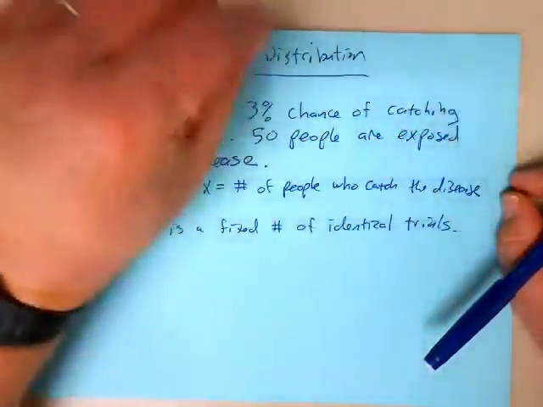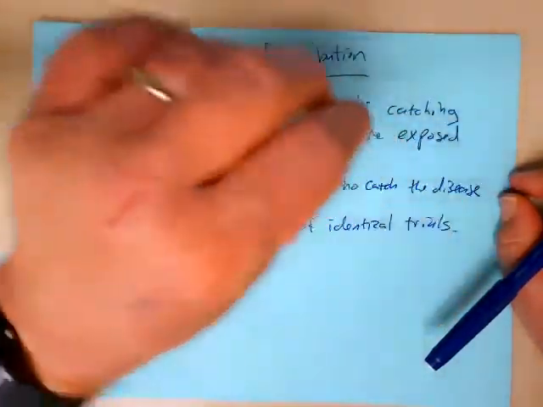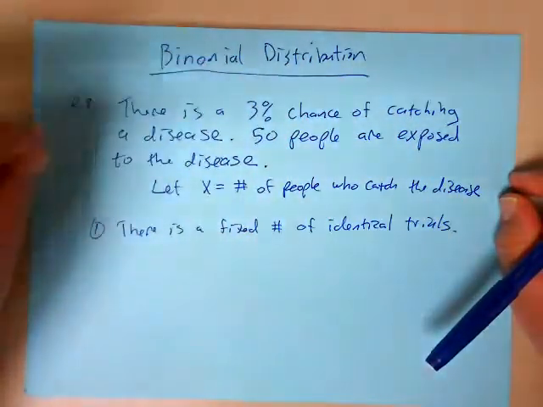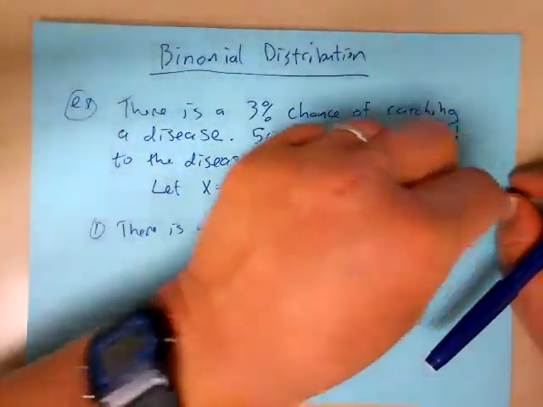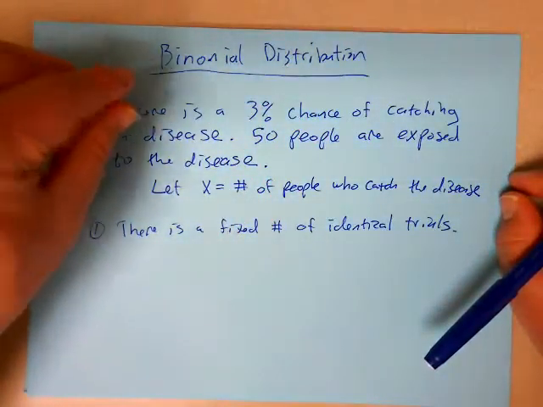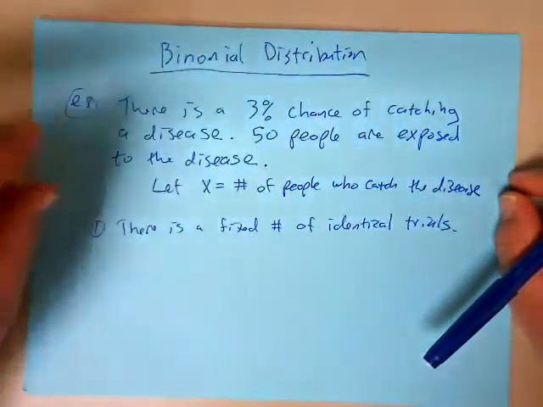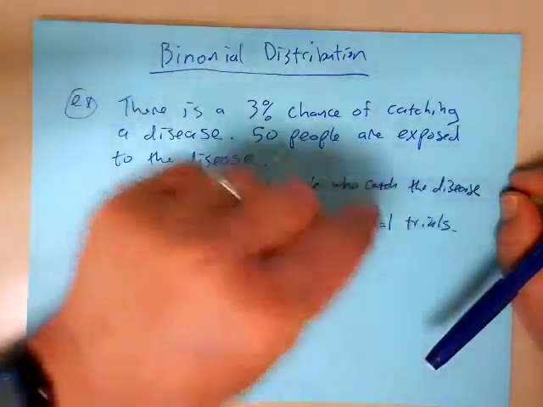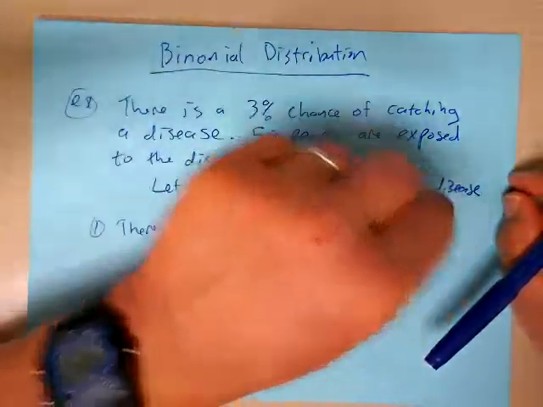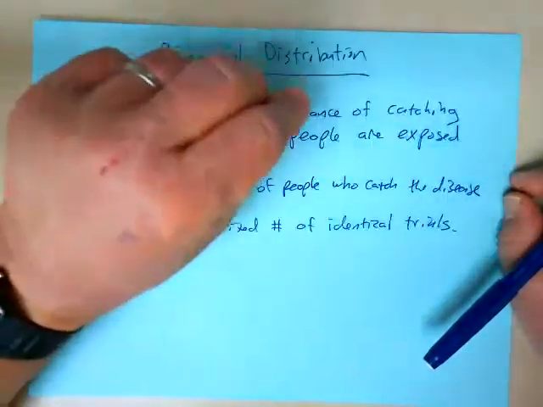Take a fourth person, expose them to the disease, they catch it or they don't. Fifth person, sixth person, the same. Don't worry, I'm not going to go through all 50 people, but I wanted to do it enough to show you the monotony here. You're doing the same thing over and over again, exposing someone.